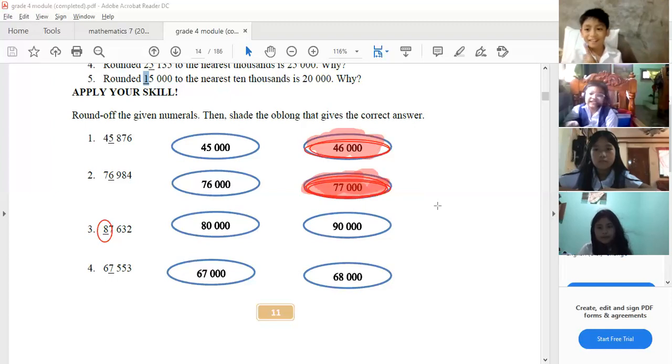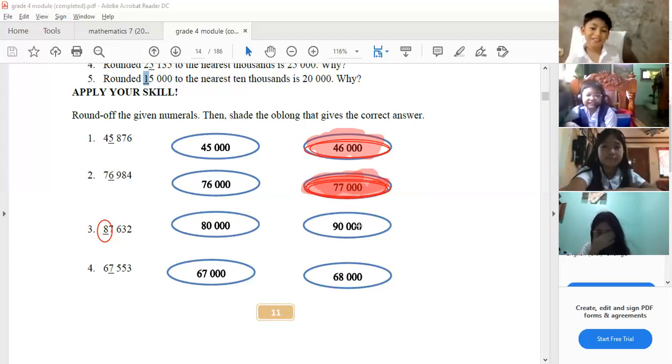Round up. So the 8 will be plus 1. 8 plus 1 is 9. Therefore, your answer would be 80,000 or 90,000? 90,000.